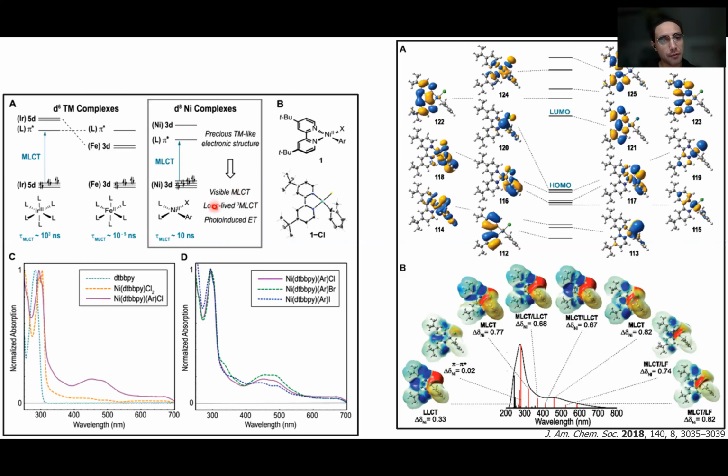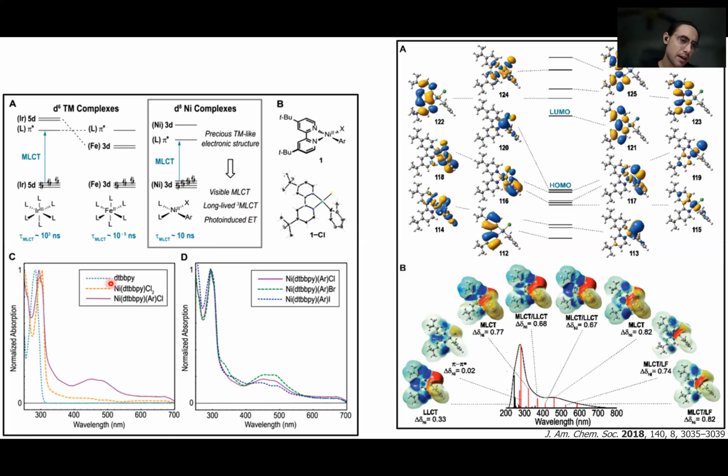It generates a relatively long-lived triplet excited state of 10 nanoseconds. So it's not quite as long-lived as the iridium catalyst, but it is sufficiently long-lived to do photocatalytic chemistry. And in this case, it's doing photoinduced electron transfer.